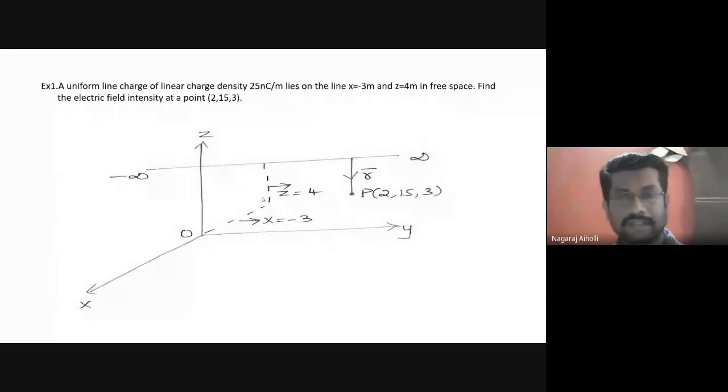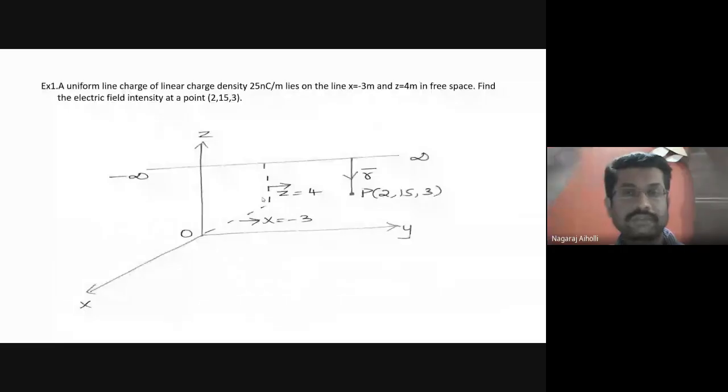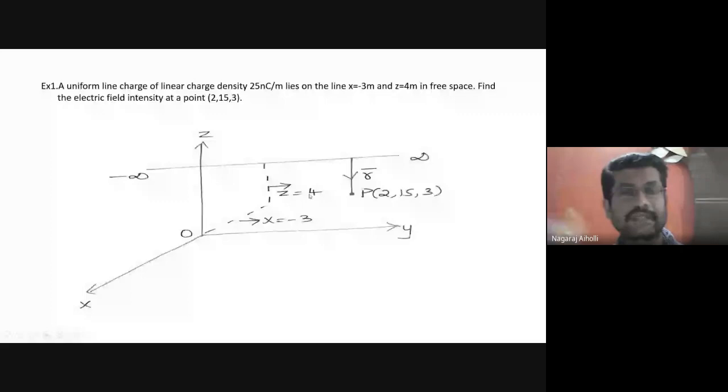Positive z axis and minus z axis are mirror images, so the electric field intensity at the given point due to plus z and minus z will get cancelled out each other. Similarly here, the electric field intensity due to plus and minus at the point P will get cancelled out each other because they are the mirror image of each other.